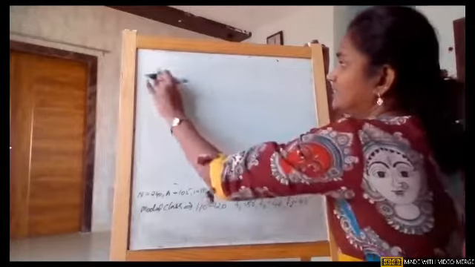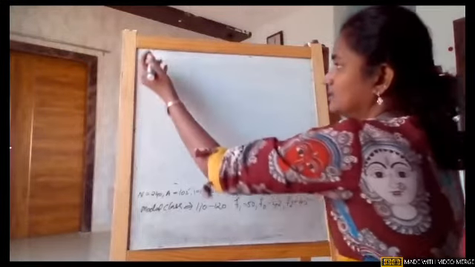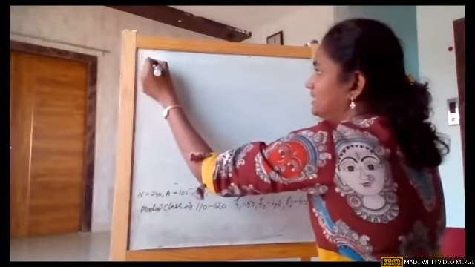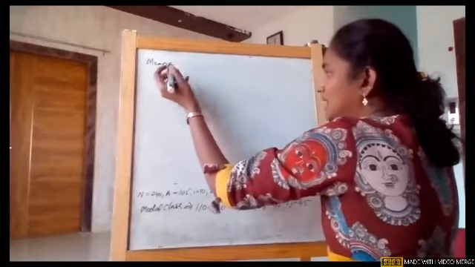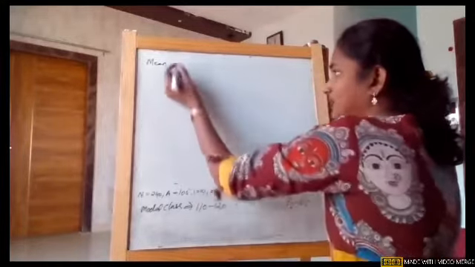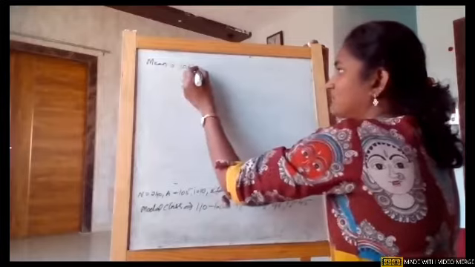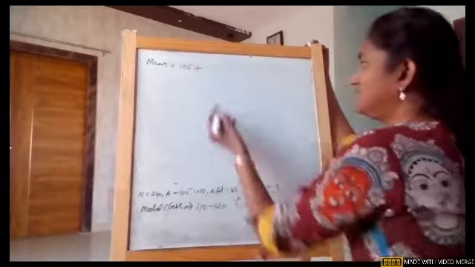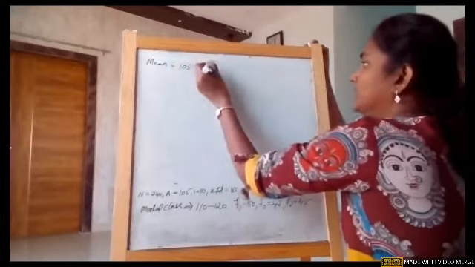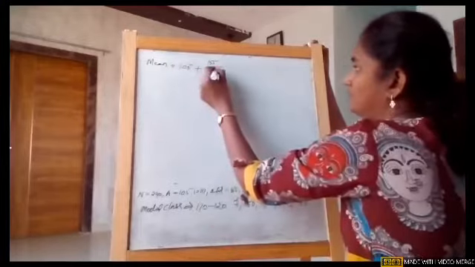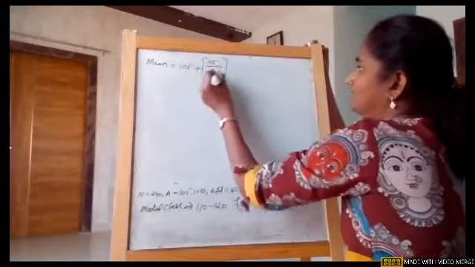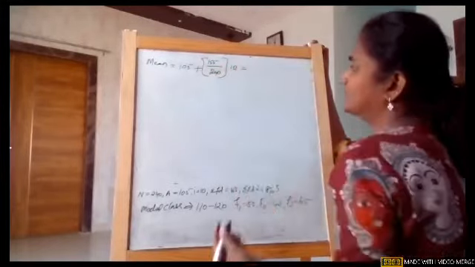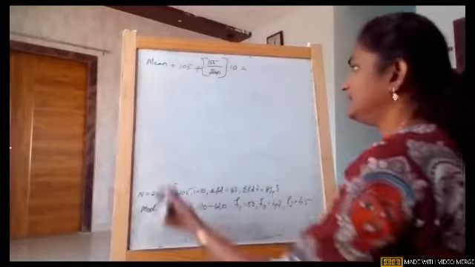So now if you see, first we will find out mean. The mean formula I just gave initially. So A, which is 105, plus summation of FD, which is 155, divided by N, which is 240, into I, which is 10. One of you calculate and tell me.